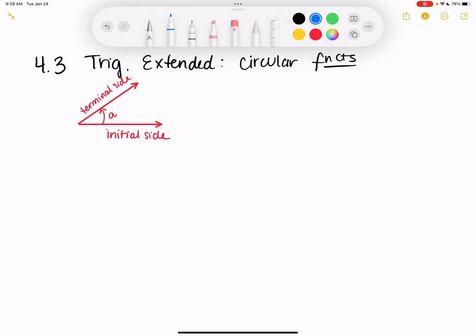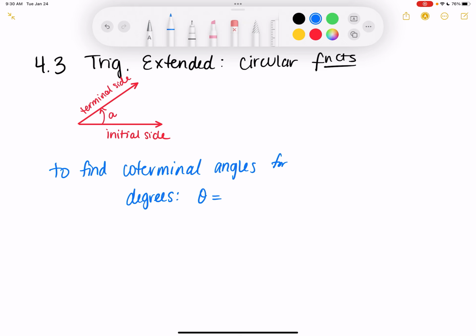So the big thing in this section is coterminal angles. To find coterminal angles, for degrees, we have theta plus or minus 360 degrees.